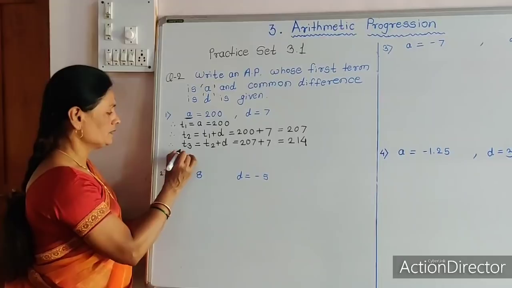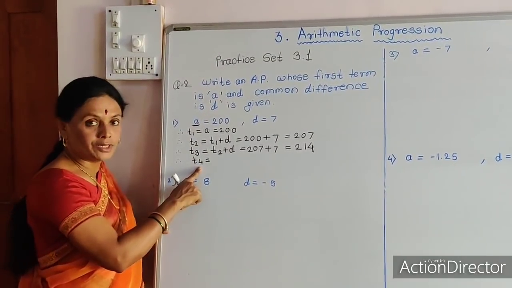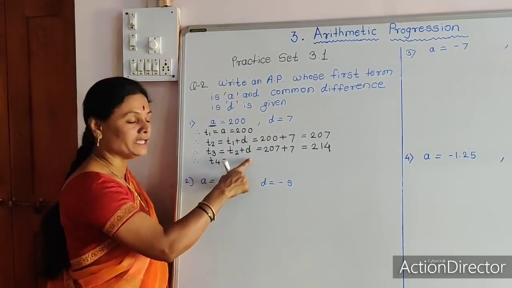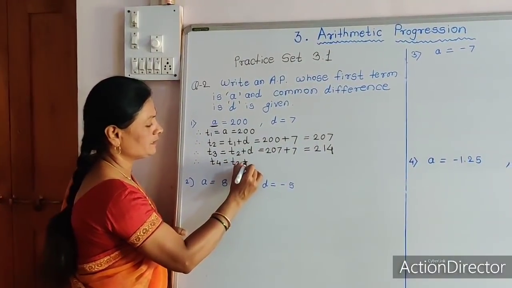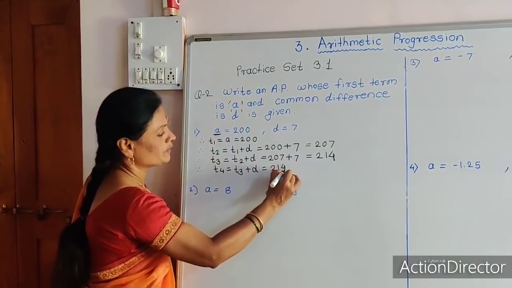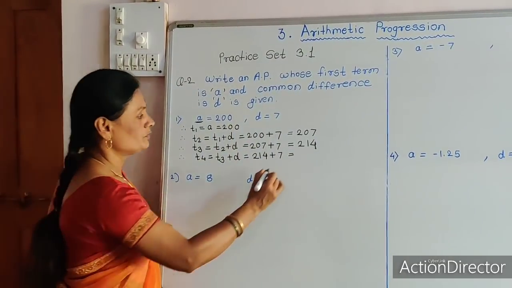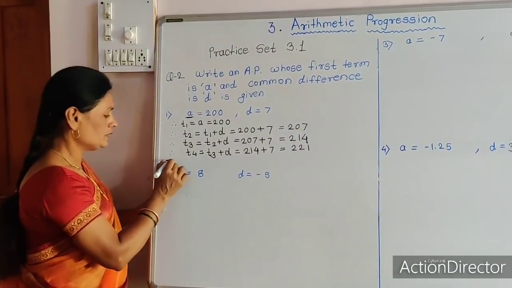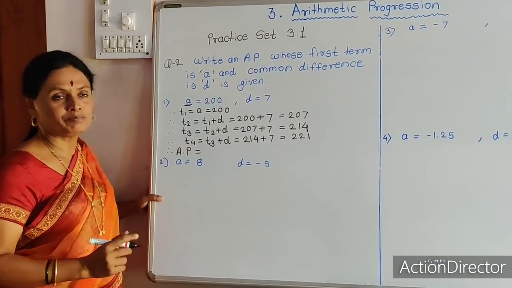Next term, that is T4, is equal to T3 plus common difference D. T3 is 214, plus 7 is equal to 221. Therefore, AP is equal to, we write the AP.